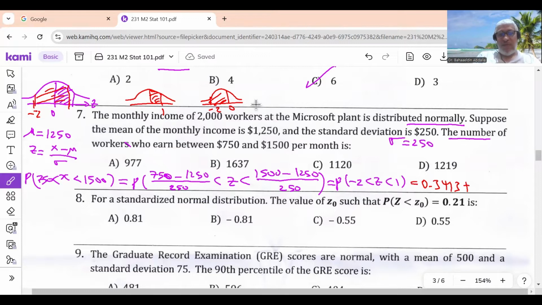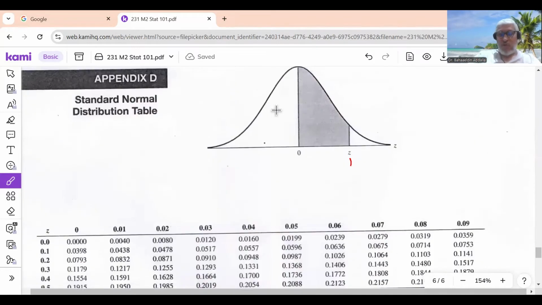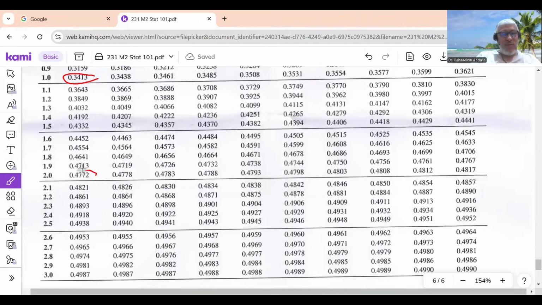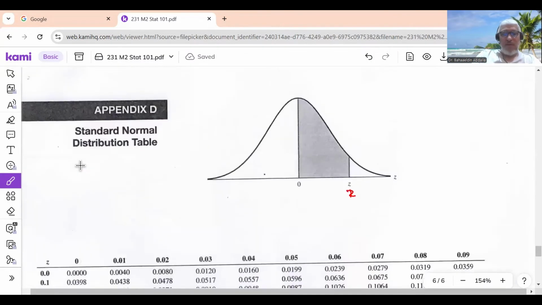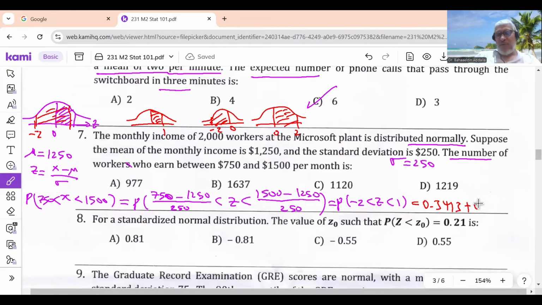There is no negative in the table, but because of symmetry, the probability from -2 to 0 is exactly equal to the probability from 0 to 2. So to find it, I need to look to the value of Z equals 2, which is 0.4772. So 0.4772 is the probability from 0 to 2.